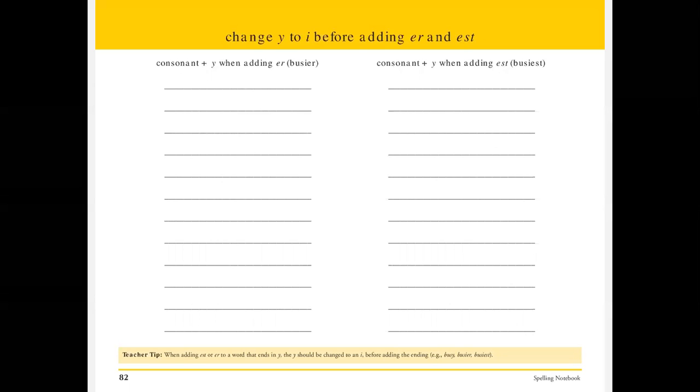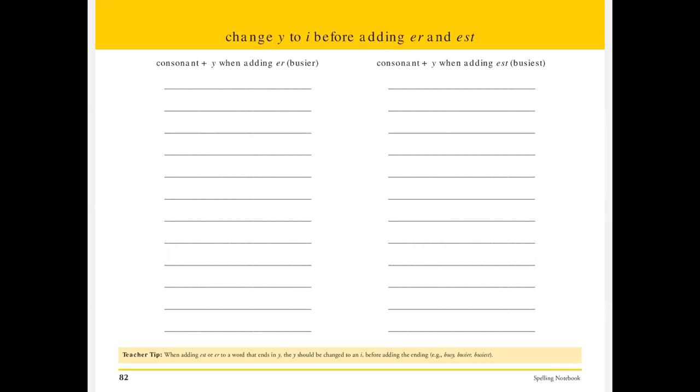So this particular page is change Y to I before adding ER and EST. And then it has consonant plus Y when adding ER, busier, consonant plus Y when adding EST, busiest. And this works well in a spelling lesson. It works well in a structural analysis lesson.